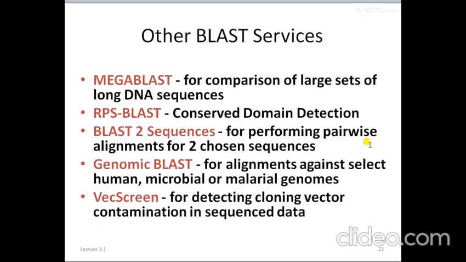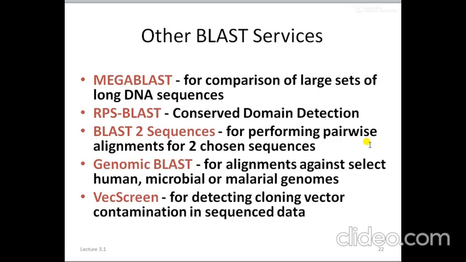And among other BLAST services, you have Megablast, RPS-BLAST, BLAST 2 sequences, genomic BLAST, as well as VecScreen. In Megablast, you compare large sets of long DNA sequences. In RPS-BLAST, conserved domain detection is possible. In BLAST 2 sequences, you do a pairwise alignment of 2 chosen sequences.